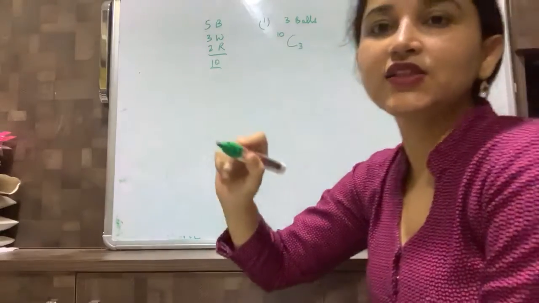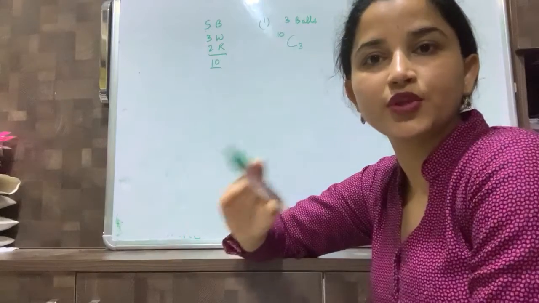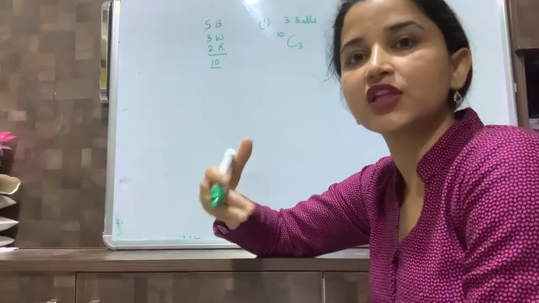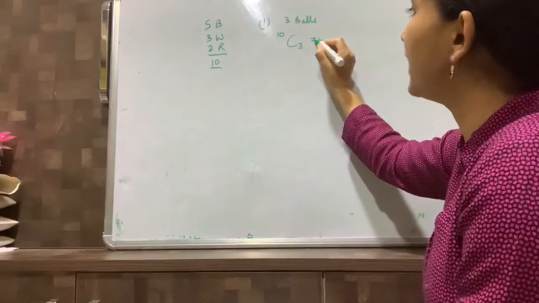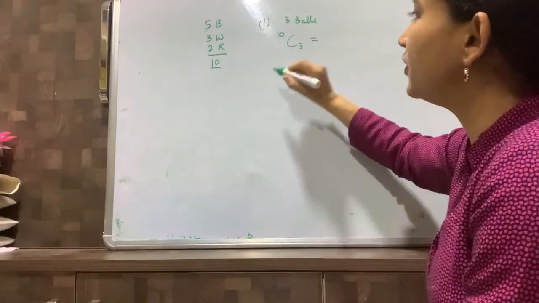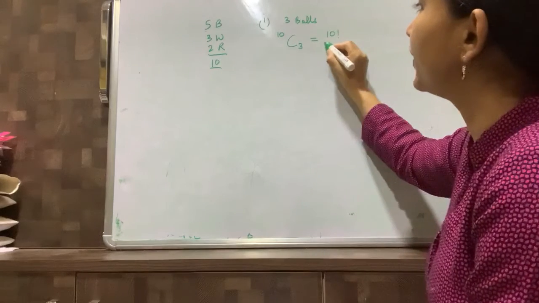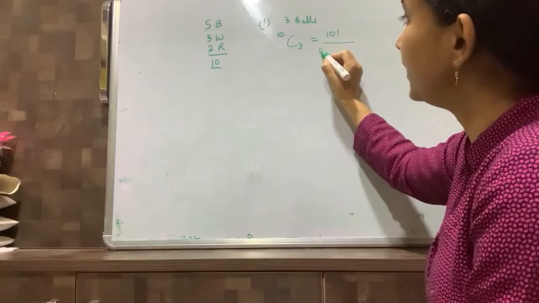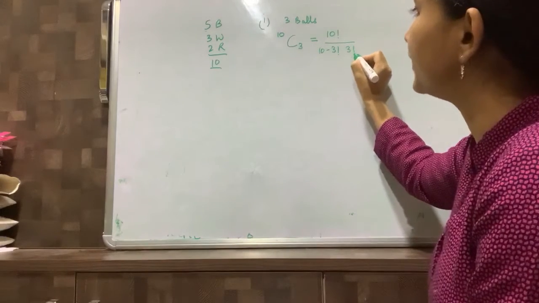So 10C3 is the combination formula that is going to tell us the ways in which we can draw 3 balls. So when we want to draw 3 balls, we'll have to open this formula in order to know the total number of ways. So we have 10 factorial divided by 10 minus 3 factorial into 3 factorial, right?